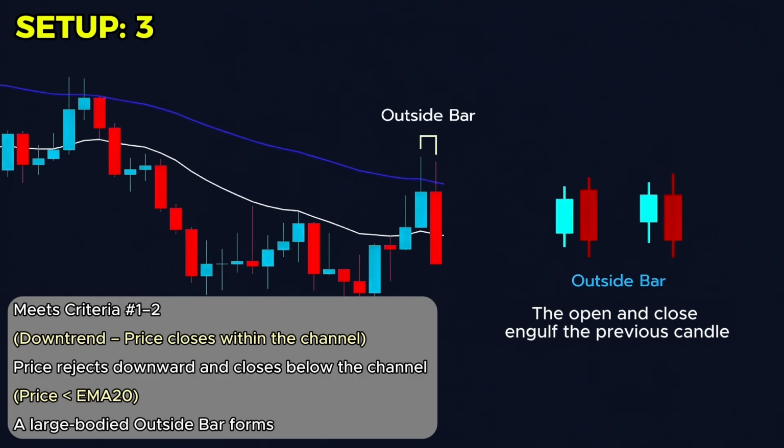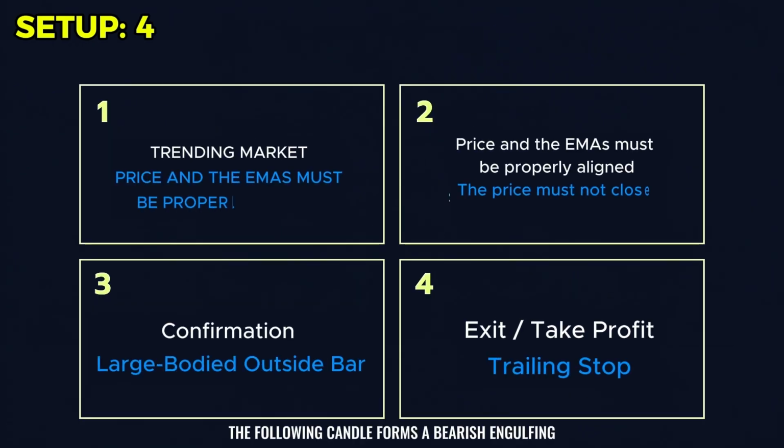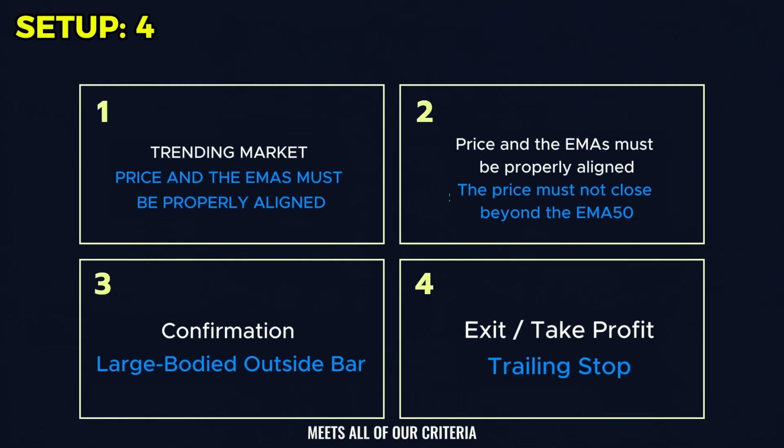The second candle must completely engulf the previous one. In this example, the next candle still closes inside the EMA channel, so we continue waiting. The following candle forms a bearish engulfing, meets all of our criteria, and we can enter a short position immediately at the close of that candle or at the open of the next candle.